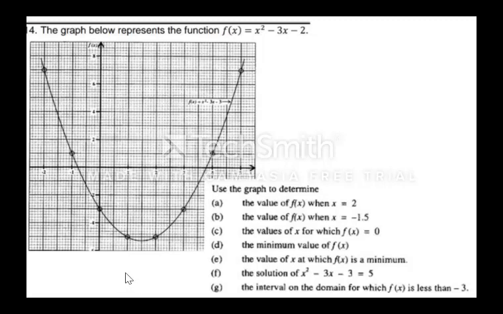All right, let's do it then. So we're asked to use the graph to solve the equation x squared minus 3x minus 3 is equal to 5. All right. This is a little bit different from what I was expecting, but let's do it anyway.